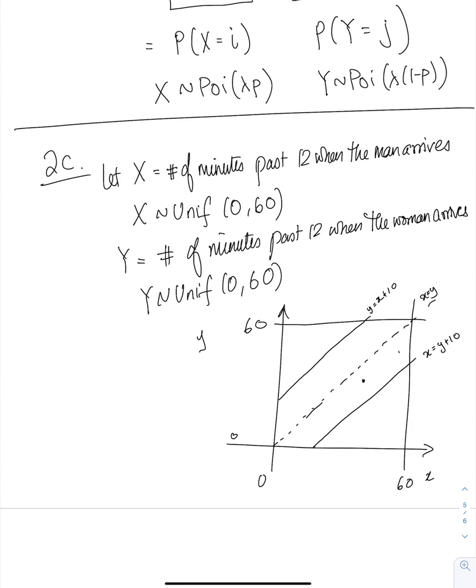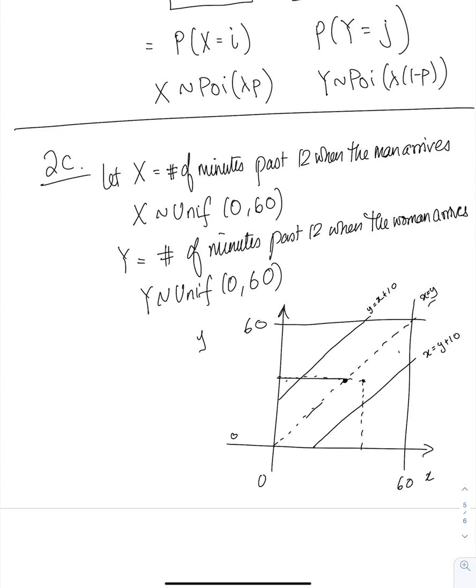You have x and y in there. Looking at this, whatever the y value was, the x value was greater. The y value is the same as the y value of that point on that line. So that's the y value.